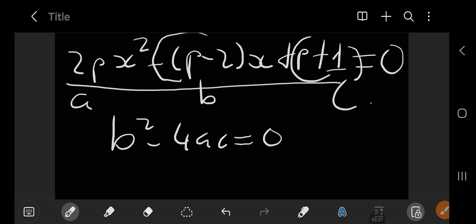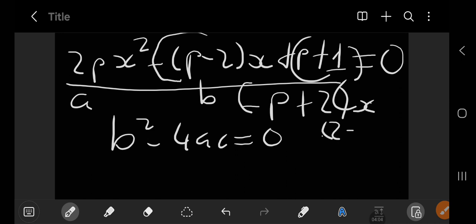And then from here, what do I do? My b looks a bit funny. It was a bit tricky. I think it was something similar in the June paper when we had a negative outside, and I was like, hey, this negative is confusing. I tried to first multiply out the negative inside the bracket. So we're gonna have negative p, and a positive 2, which I can switch to be 2 minus p, times x.